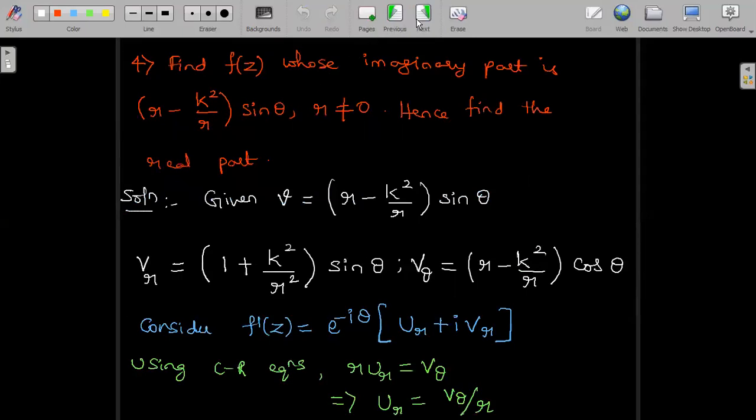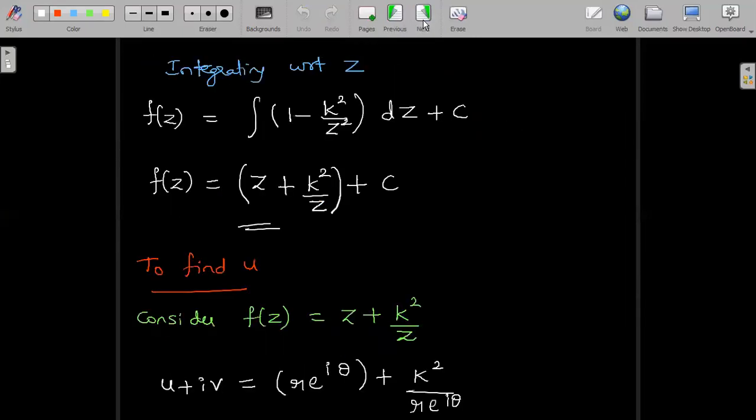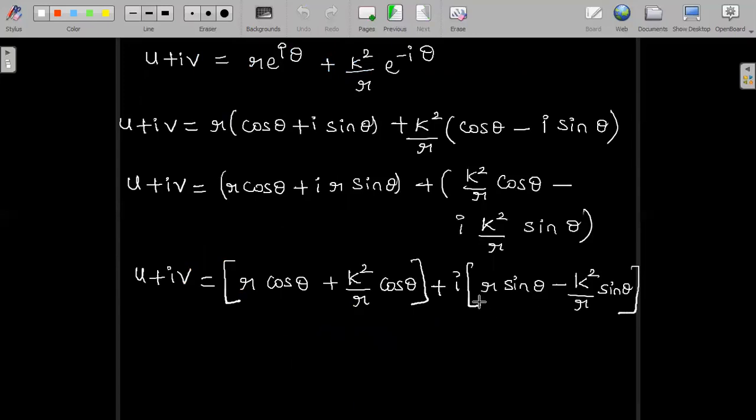This was our given imaginary part. Now in the real part, when I equate, I have to obtain the real part. Taking cos theta common, I can directly write r plus k square by r. So hence the real part u is equal to r plus k square divided by r multiplied by cos theta.